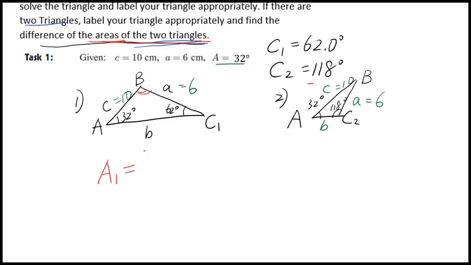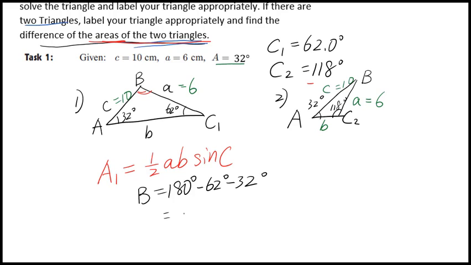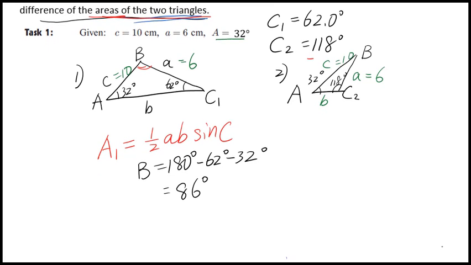So you need to figure out angle B first so that you can use this formula, 1/2 AB sin C. So for angle B equals 180 degrees minus 62 degrees minus 32 degrees, you will get 86 degrees. Then we will use this formula for A1 equals 1/2 times 10 times 6, then sine 86 degrees.